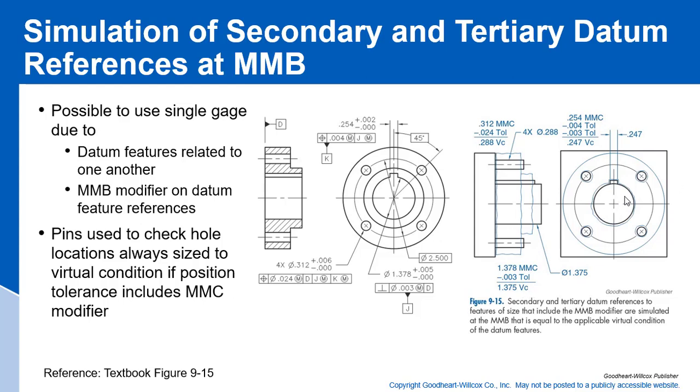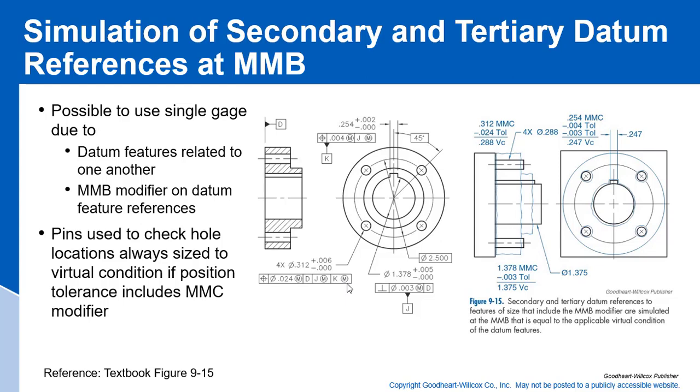So our datum J simulator is a fixed diameter of 1.375, which is the virtual condition of datum J. And then next, we also need to pick up this keyway here too, and it's toleranced at MMC. You look at it right here, it's toleranced right at MMC, maximum material boundary, MMB.